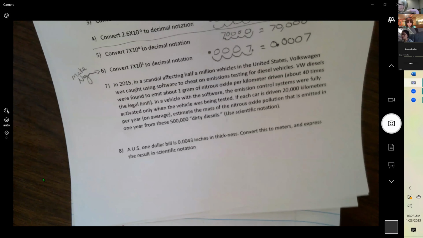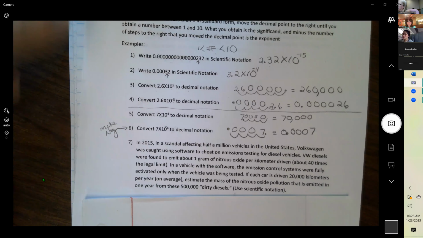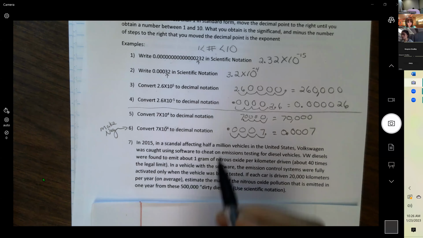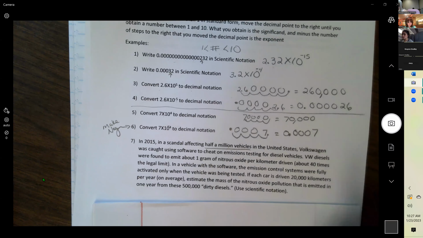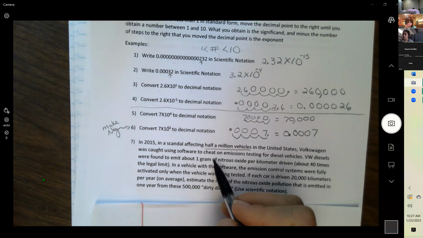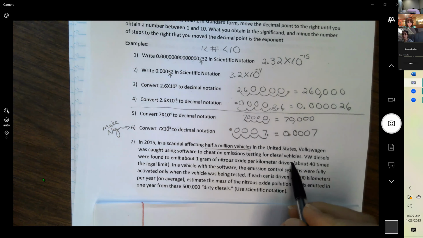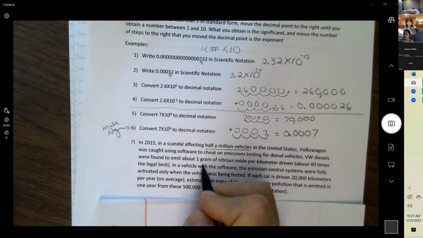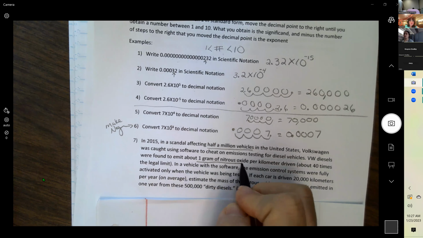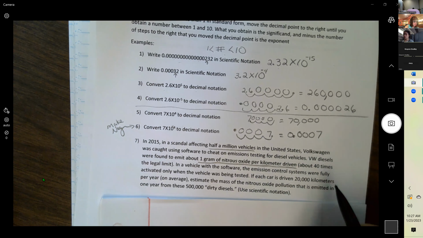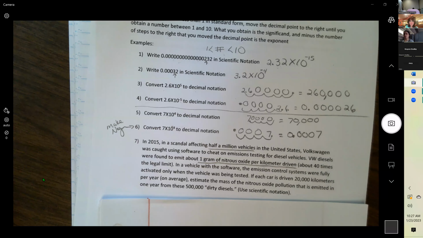Let's look at number 7. In 2015, in a scandal affecting 500,000 vehicles in the United States, Volkswagen was caught using software to cheat on emissions testing for diesel vehicles. Volkswagen diesels were found to emit 1 gram of nitrous oxide per kilometer driven, about 40 times the legal limit.